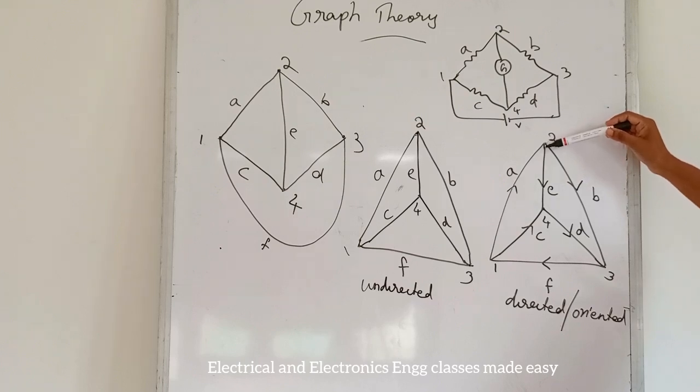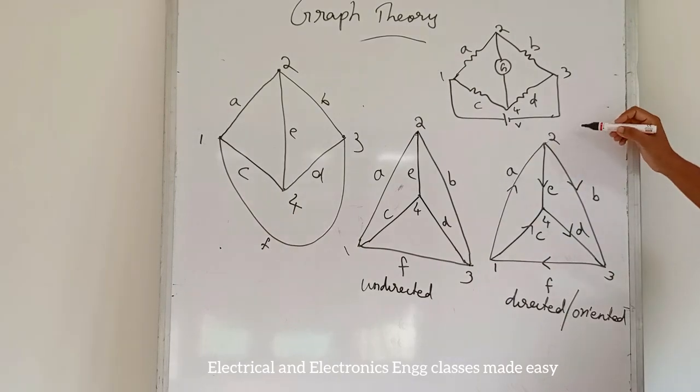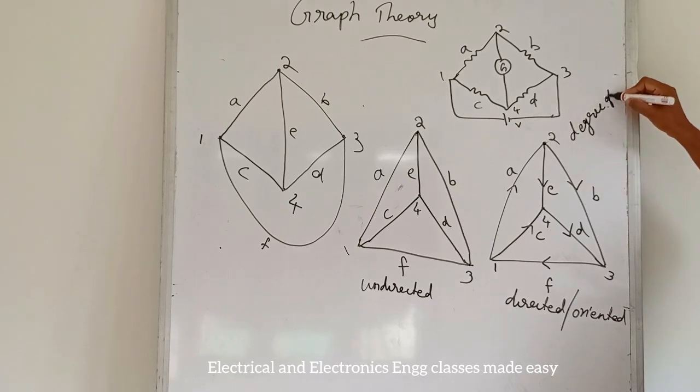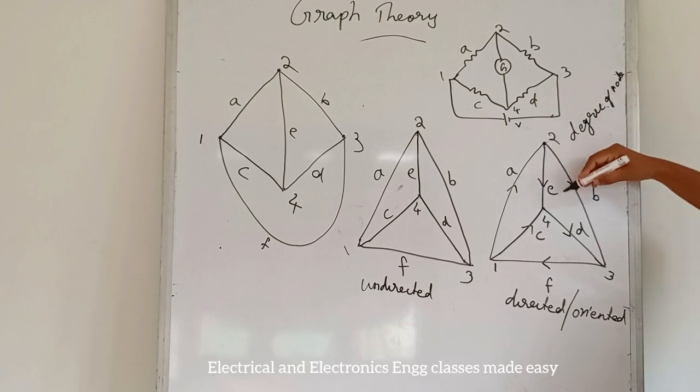And nodes can be incident to one or more elements, and the number of branches incident at a node of a graph indicates the degree of the node. Degree of node means the number of branches incident at a node.